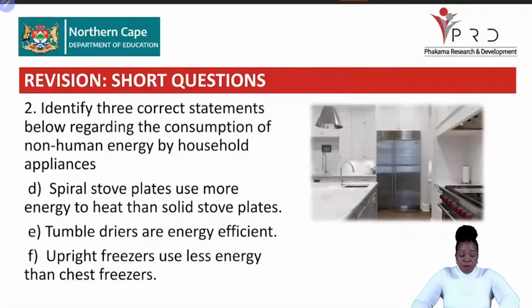D, spiral stove plates use more energy to heat than solid stove plates. E, tumble dryers are energy efficient.